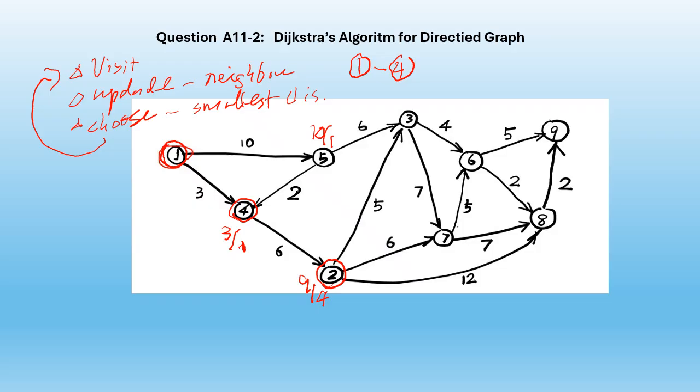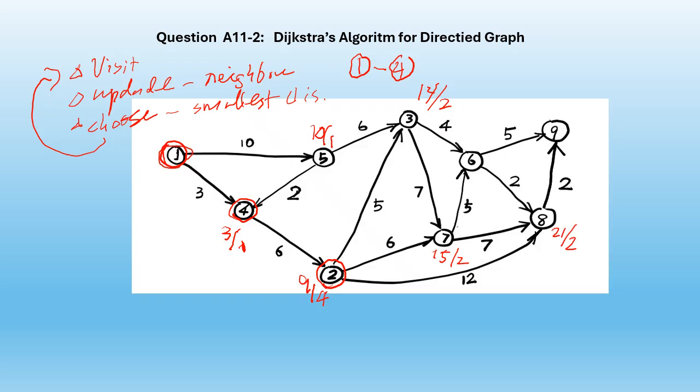Okay, and then visit and then update. Have 3 neighbors in this case. So you have number 3, 9 plus 5, you get 14 through 2, and 6 and 7, you have 15, 6 plus 9 through 2, and then you all the way to 8, 9 plus 12, 21 through 2.